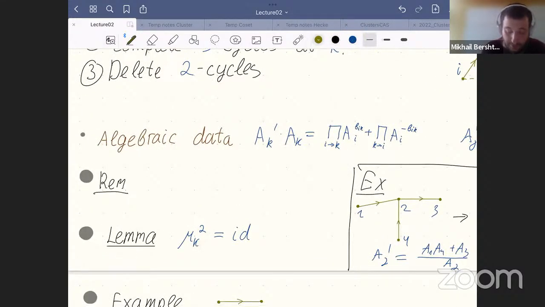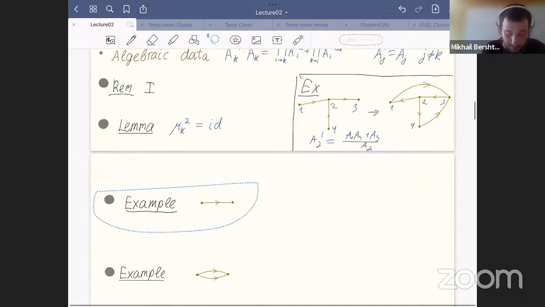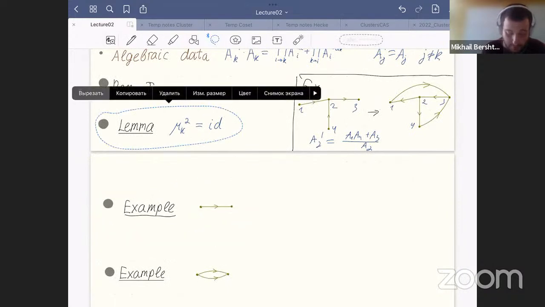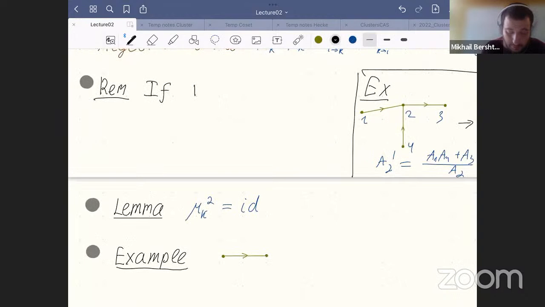If vertex k is a sink, it means that we have a vertex and all edges to it just go to it.